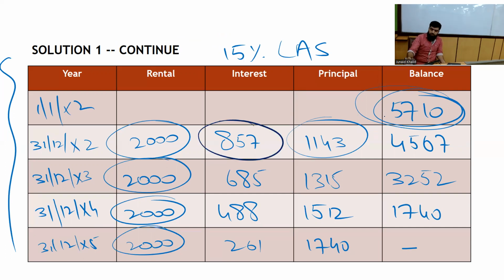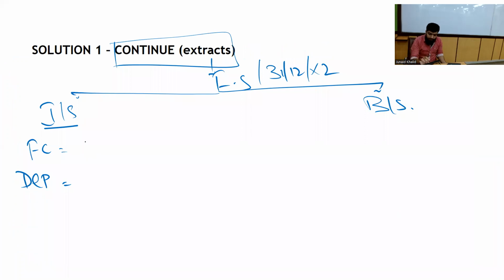On 1st January 20x2, the initial lease liability was 5710. From 1st January till 31st December, that liability was due, and at the end of the year we calculate the interest on that liability, which means 857. So the finance cost reported in P&L is 857.